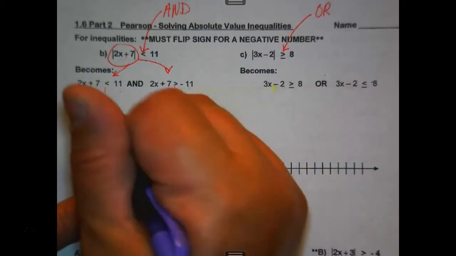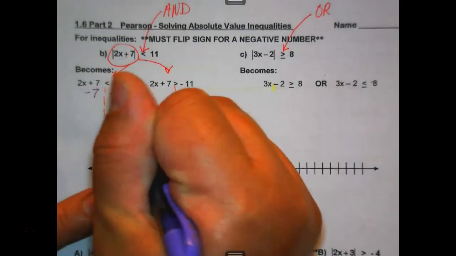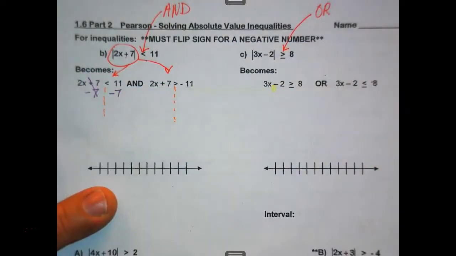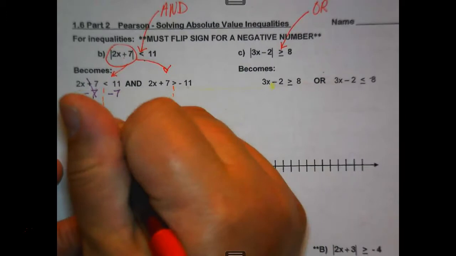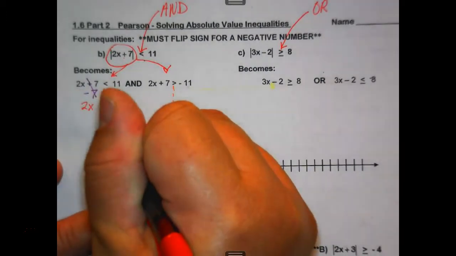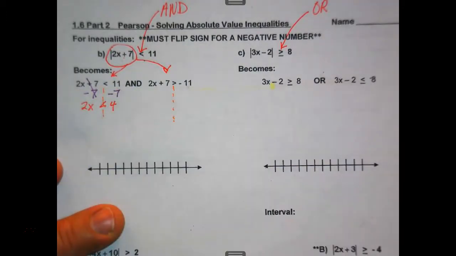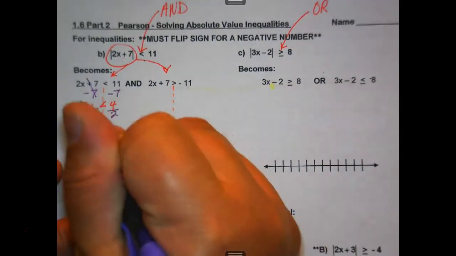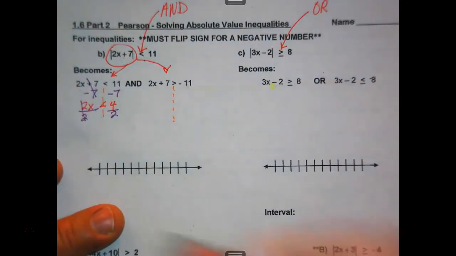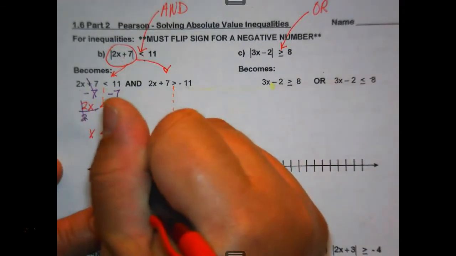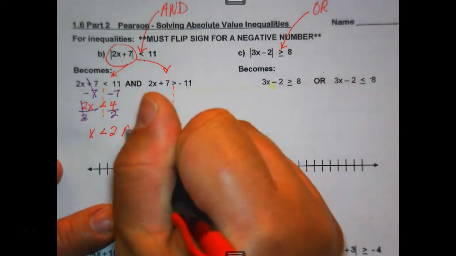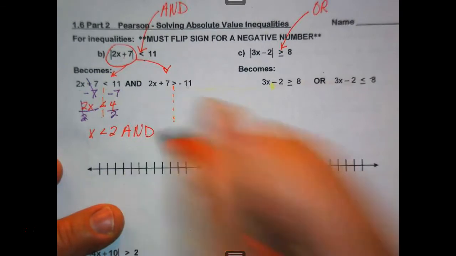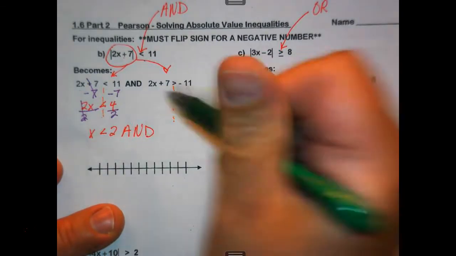I'm going to subtract 7 from both sides. And I get 2x is less than 4. Divide by 2. And I get x is less than 2. And solve the other one.